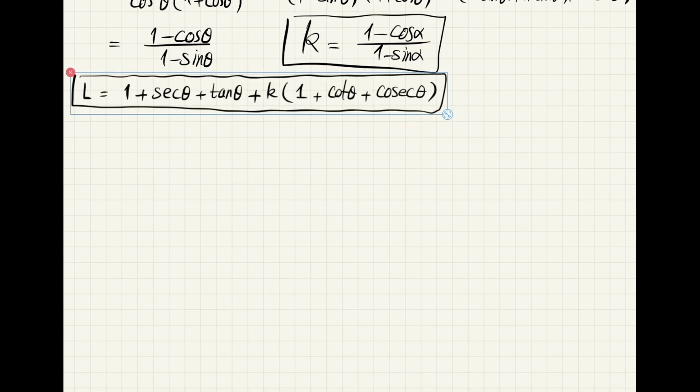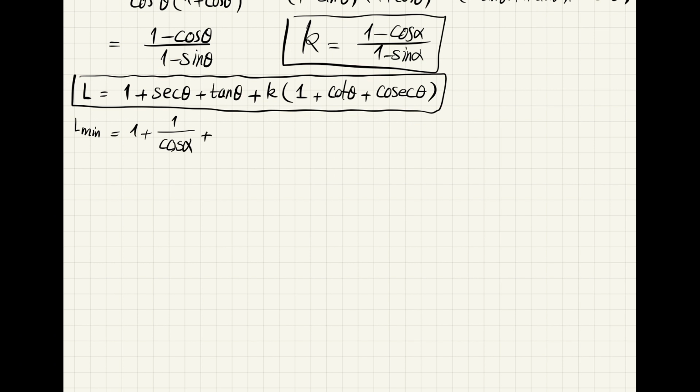First of all, I replace theta everywhere with alpha, and then I replace k with that expression and try to simplify. So I would write that L minimum is equal to 1 plus cosecant of theta, which is 1 over sine of theta, but I was supposed to write alpha.